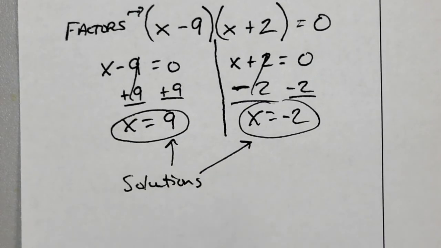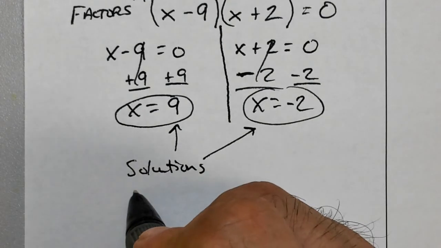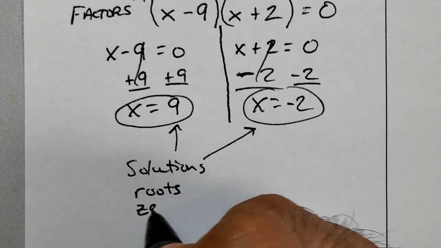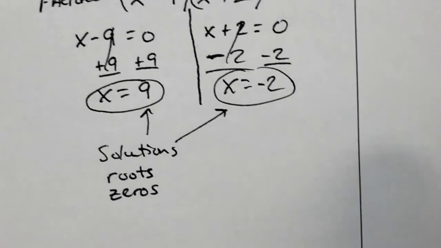When you want to give me your answer as a solution set, you want to create a list of your solutions or your answers. We also call these roots, zeros, and solutions, and you'll see that they're also x-intercepts.